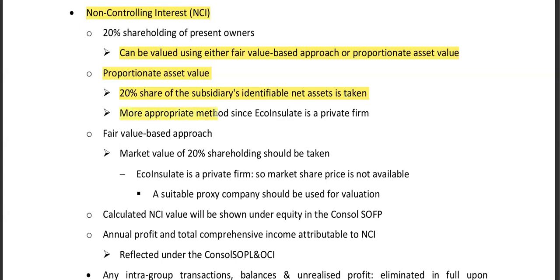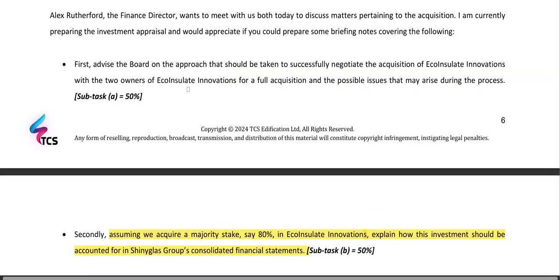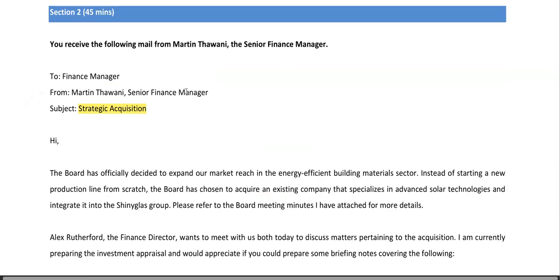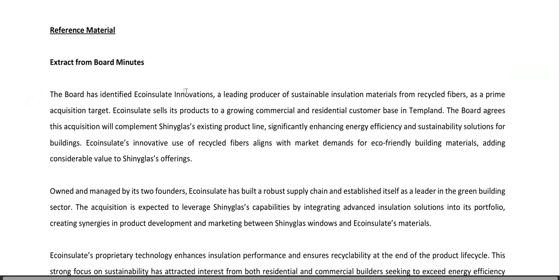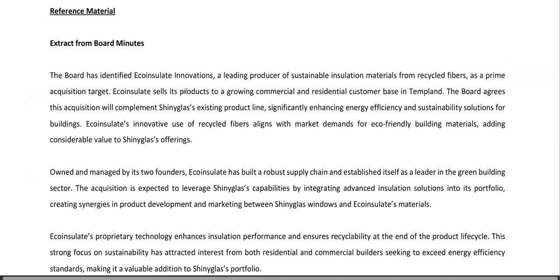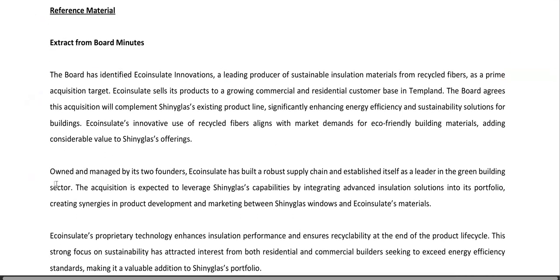The simple reason is Eco-Insulate is a private firm. In other words, it is not a listed entity. So there is no market price for the shares of this company. I did not read through the same question again today to save time, but if you remember the information, or if you read through, you will find that we were told that it is a private entity which is owned and managed by its two founders.